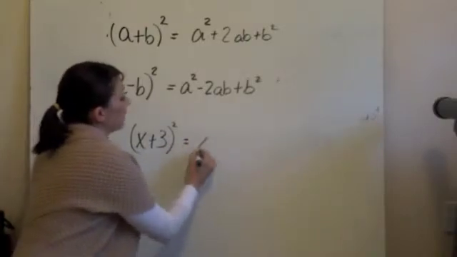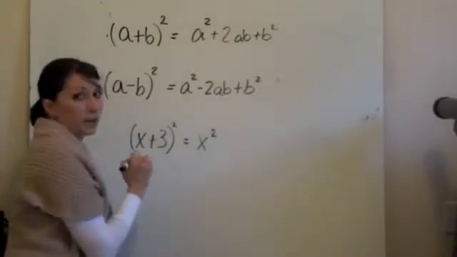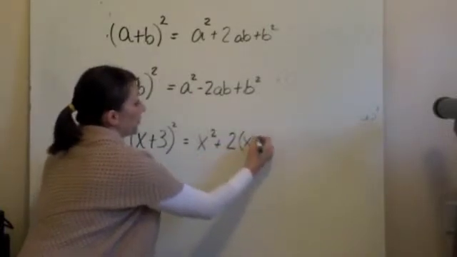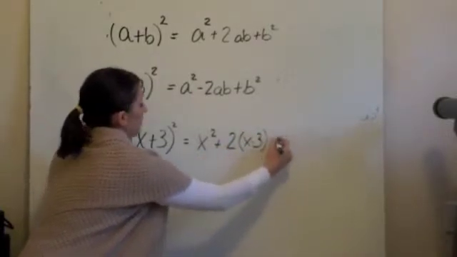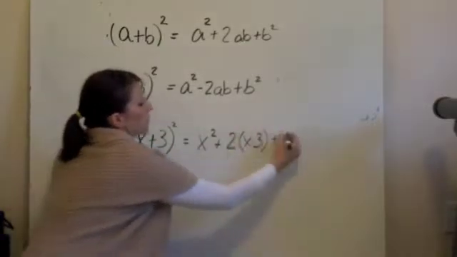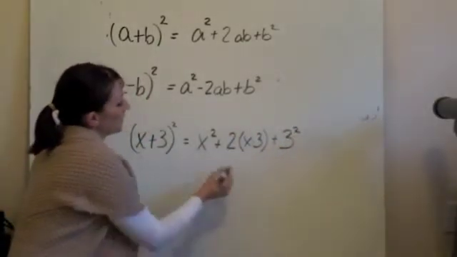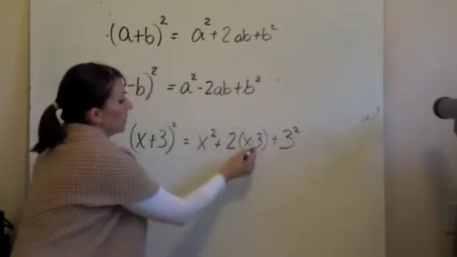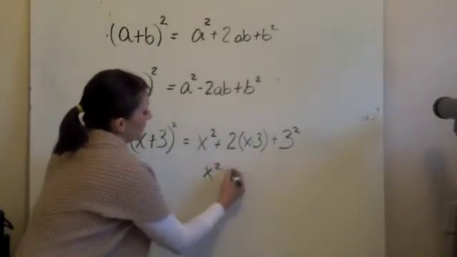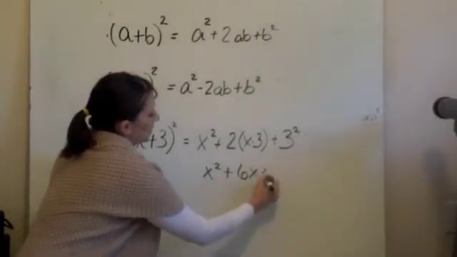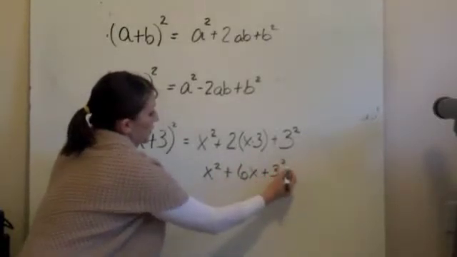So we say, okay, we have first term squared plus 2 times first term times second term plus second term squared. And that's all that really is. All we have to do is just fix this now. So we have 2 times x times 3. This really becomes x squared plus 6x plus 3 squared.